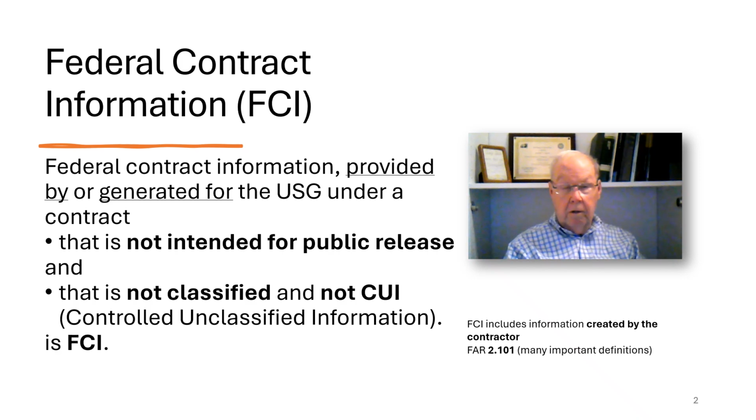It is to be considered FCI if, one, it is not intended for public release, and two, it is neither classified nor CUI, controlled unclassified information. Both of those types of information are covered otherwise. That kind of federal contract information is what we call FCI.